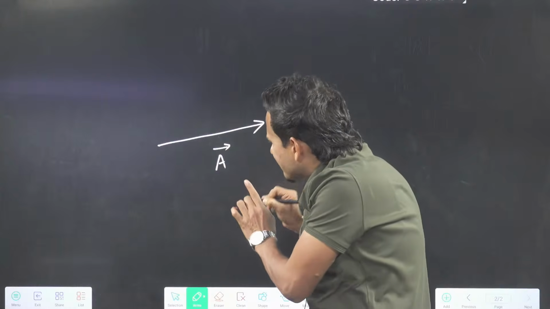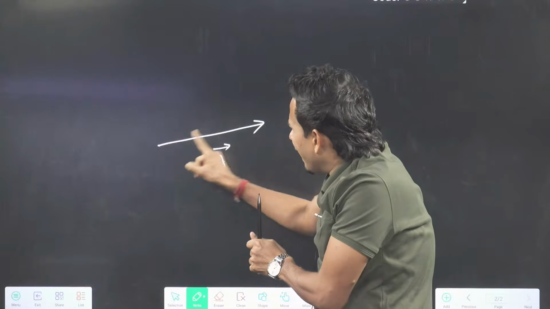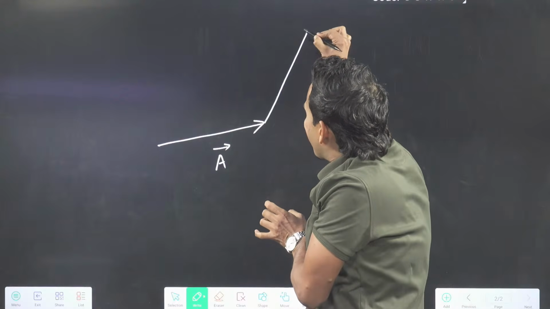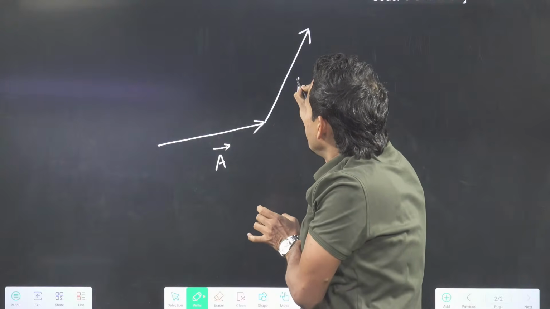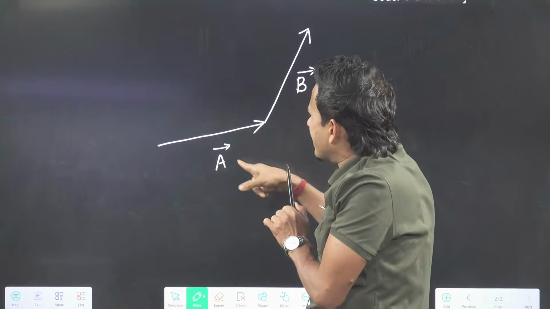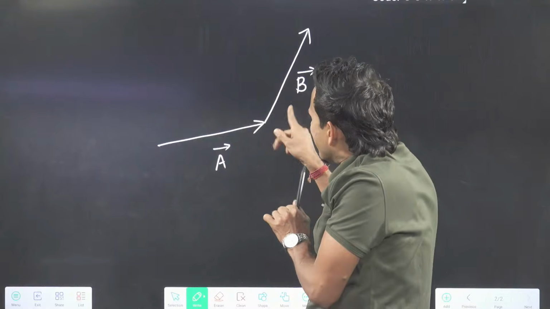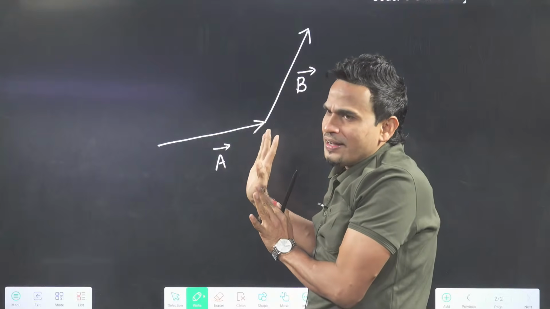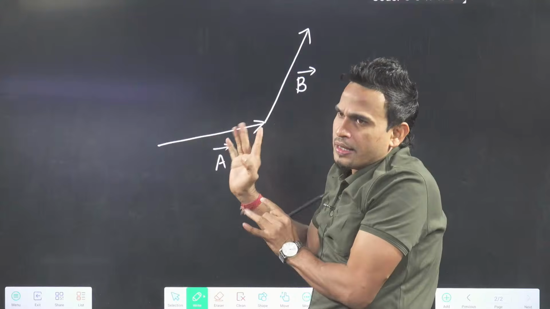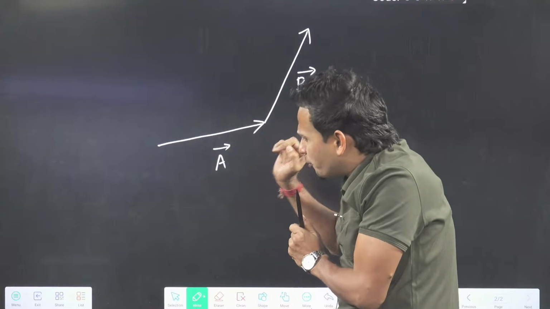Whenever 2 vectors are given such that the head of the first vector lies at the tail of the second vector, when the configuration of the system is like this, then only we can apply triangle law. It's not that you can apply it randomly. If you are applying triangle law, you have to be careful.